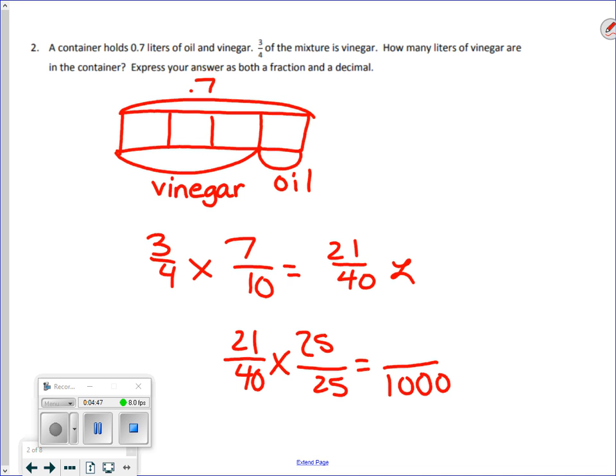Oh man, 2-digit multiplication. We've never learned that before. What is 21 times 25? 525. 1 times 5 is 5. 1 times 2 is 2. 2 times 5 is 10. 2 times 2 is 4 plus 1 is 5.